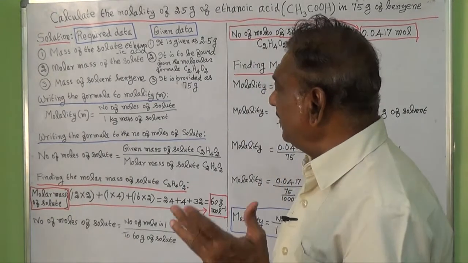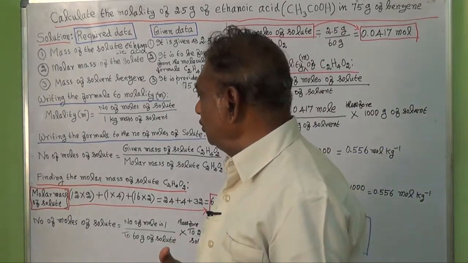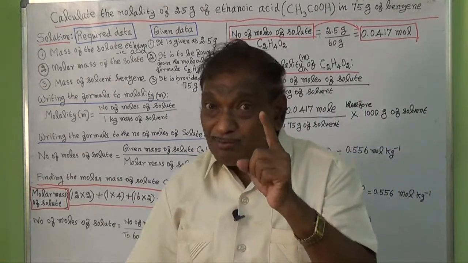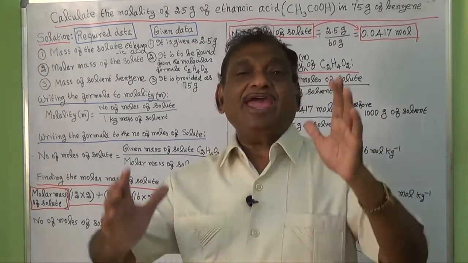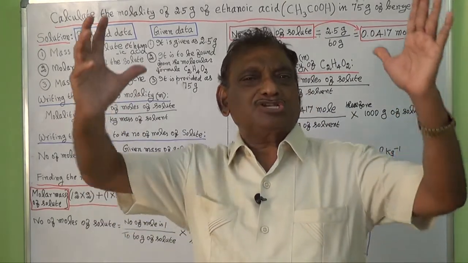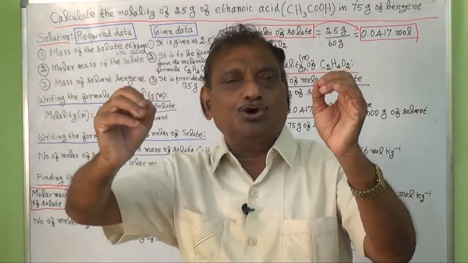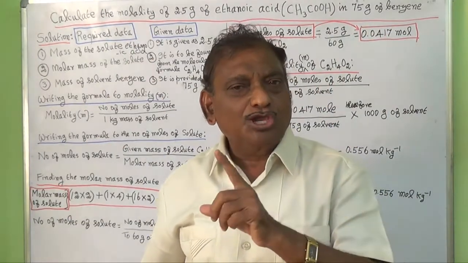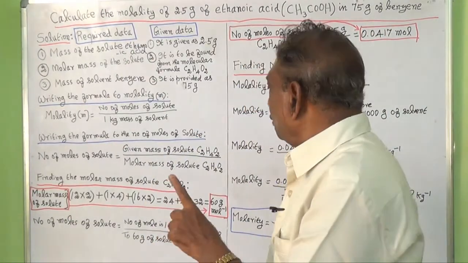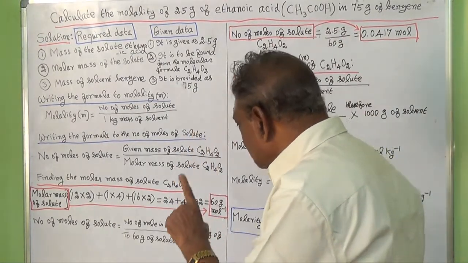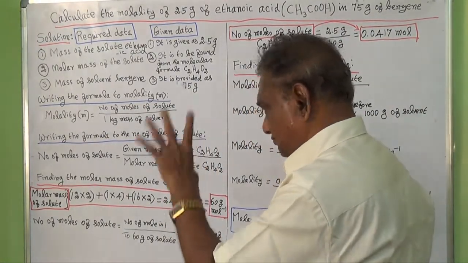How can we find the molar mass of the solute? We can find the molar mass of the solute by adding the atomic masses of all elements contained in a molecule. In this molecule, there are 2 carbon atoms, 4 hydrogen atoms and 2 oxygen atoms.